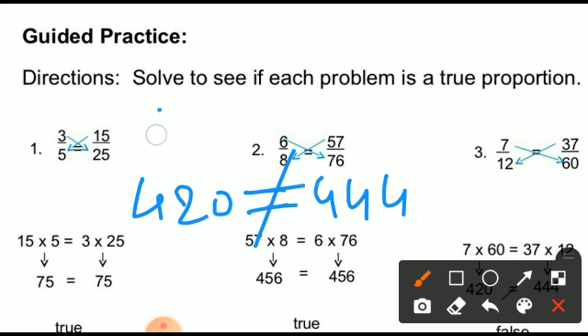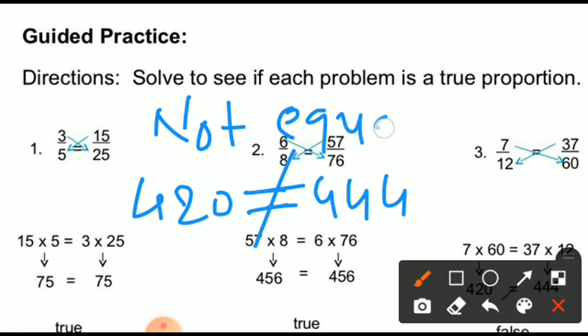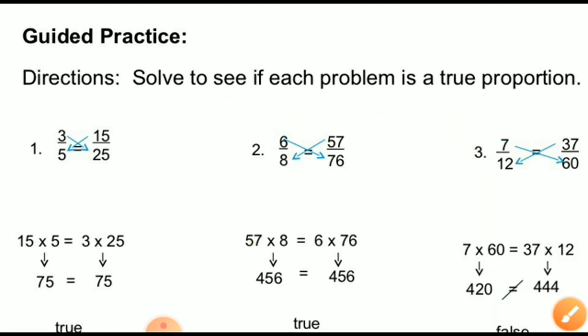What is this, beta? Not equal to sign. Will you remember this sign? Yes, we know the equal to sign. हाँ बेटा, इसको equal to sign बोलते हैं और आगे लगा दो, ऐसा क्रॉस कर दो तो बन जाएगा not equal to sign. Good. First two are true, third one is false.